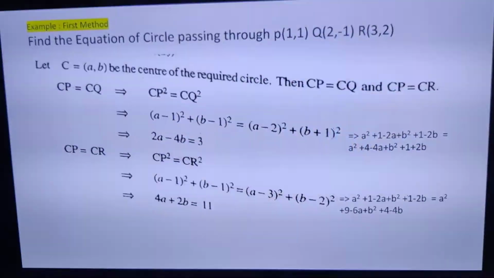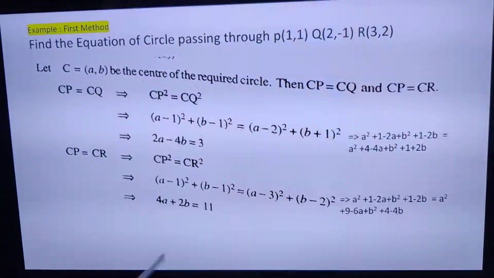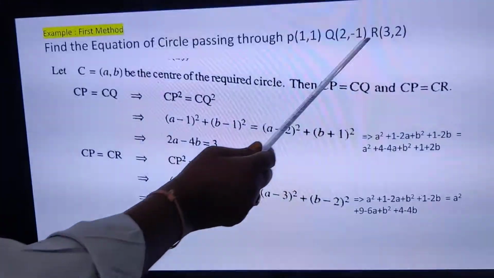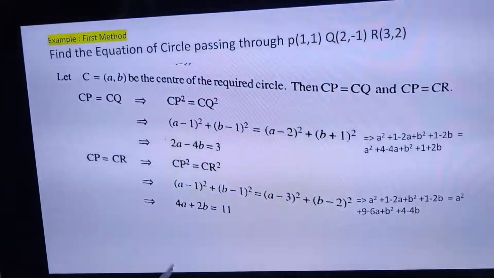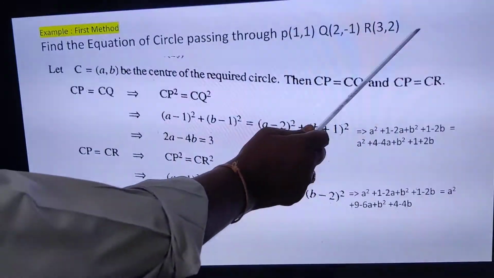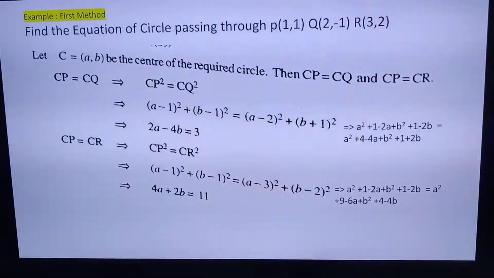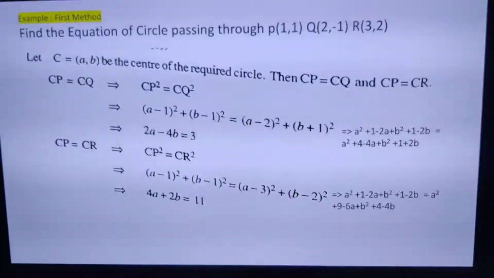CP is equal to CR means CP square is equal to CR square. By using the same method, (a minus 1) whole square plus (b minus 1) whole square is equal to (a minus 3) whole square plus (b minus 2) whole square, by using the distance formula between two points, (x2 minus x1) whole square plus (y2 minus y1) whole square.